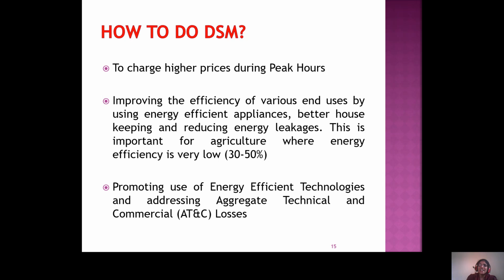Next, improving the efficiency of various end uses by using energy efficient appliances, better housekeeping, and reducing energy leakages. This is important for agriculture, where energy efficiency is very low, 30 to 50%.